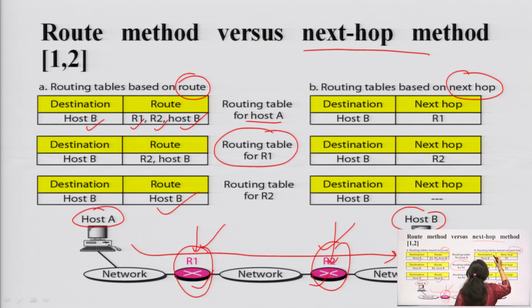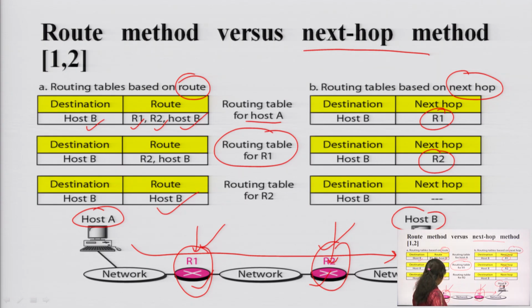Now, we will discuss the routing tables which are based on next hop. So, how will the routing tables be used? As you can see, the entries made in this table, which is based on the next hop, consist of only the next router data that has to be hopped or jumped to.